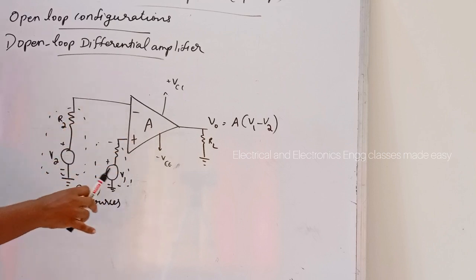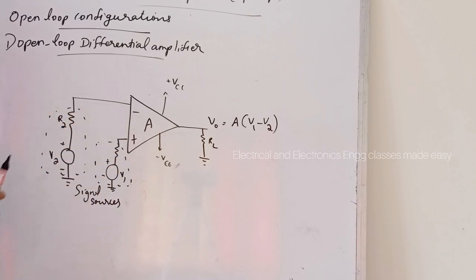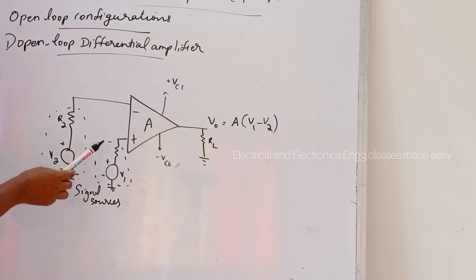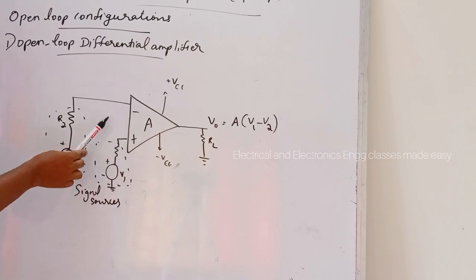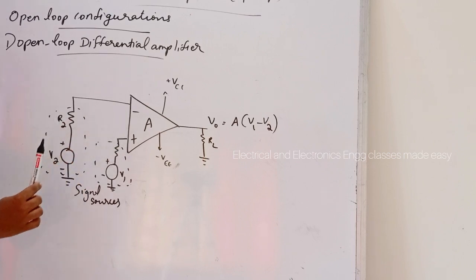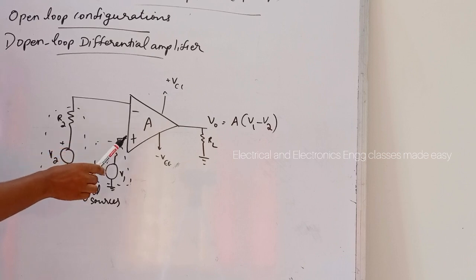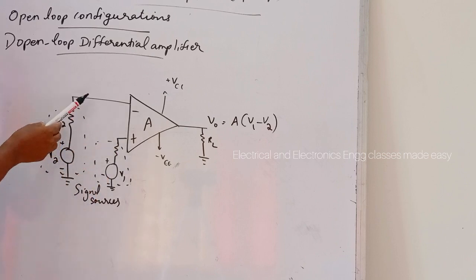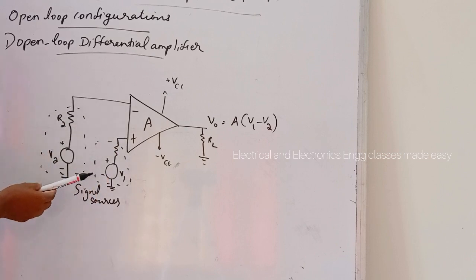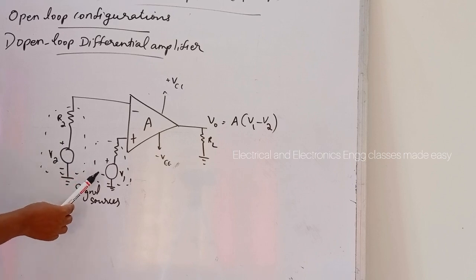So this is the circuit diagram for the open loop differential amplifier. Here the inputs are applied to both inverting and non-inverting input terminals of the op-amp, and the device amplifies the difference between the input voltages.